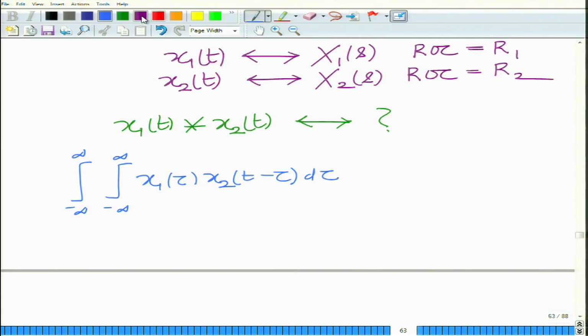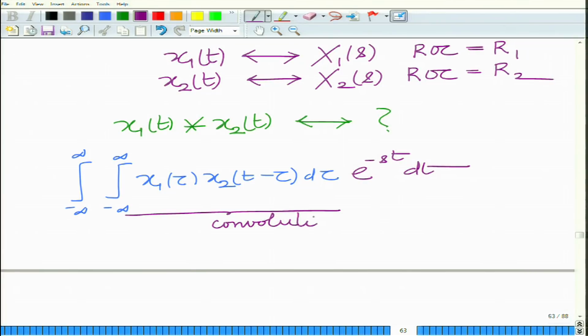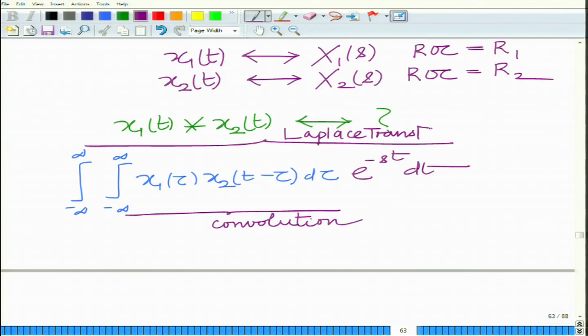So, this is the convolution, the inner integral, and the outer integral is taking the Laplace transform of the convolution, with e raised to minus st.